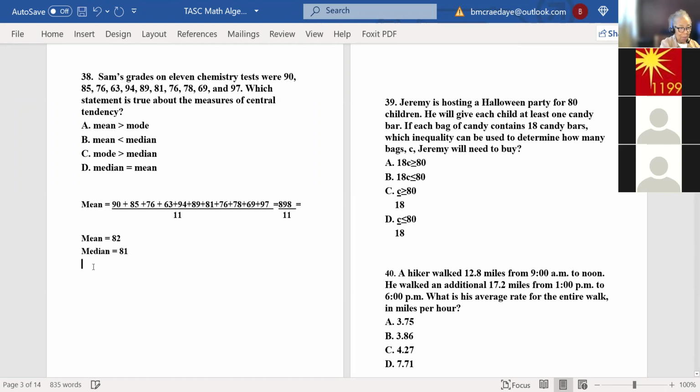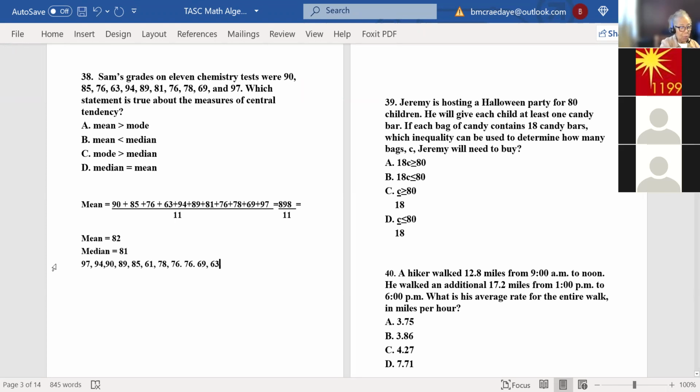Yeah. So for the median you had 97, 94, 94, 90, 89, 89, 85, 85, 85, 81, 81, 78, 78, 76, 76, 69, 63.